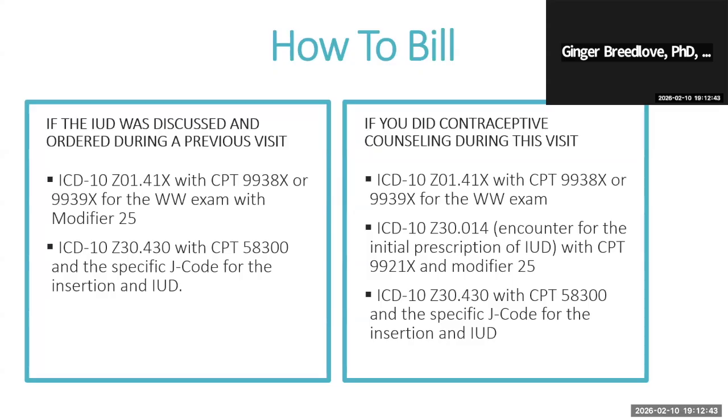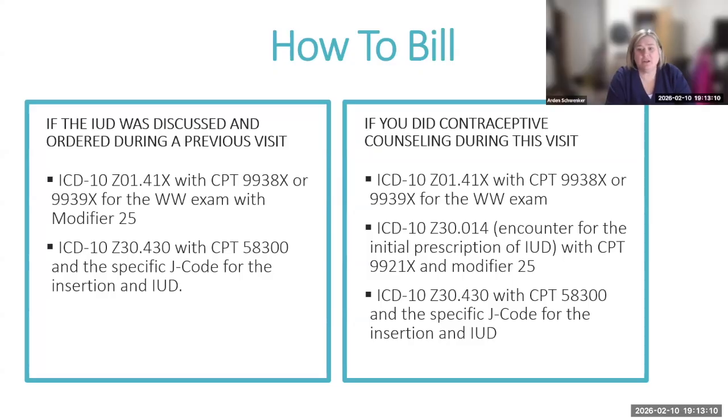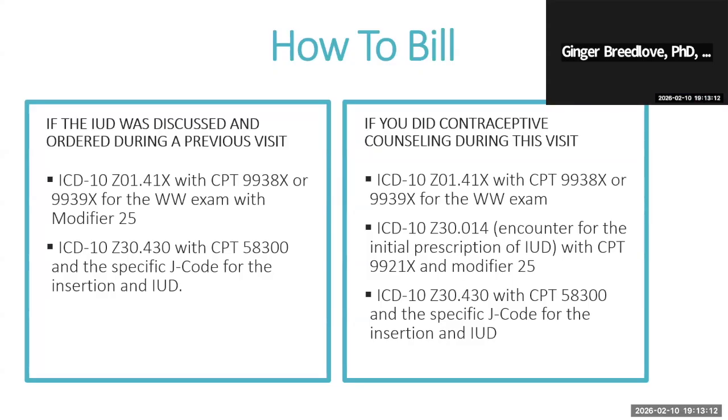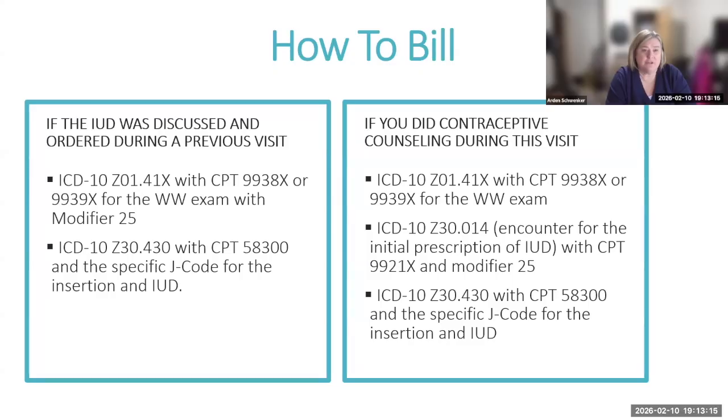Okay, so this may go back to the last one, but the question is, are you allowed to do a G2211 add-on for an annual exam patient that you see year after year, in addition to a modifier 25, if you are addressing extra things outside of the annual, such as vaginitis, menopause, pelvic pain? So the G codes are only applicable to Medicare.